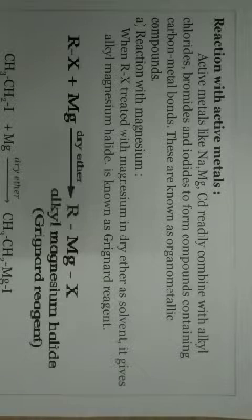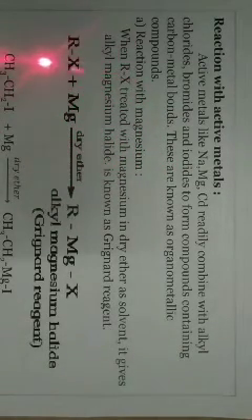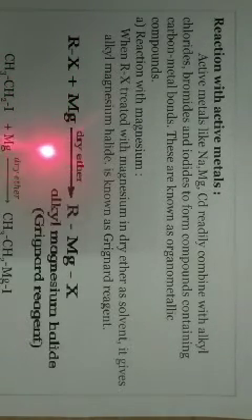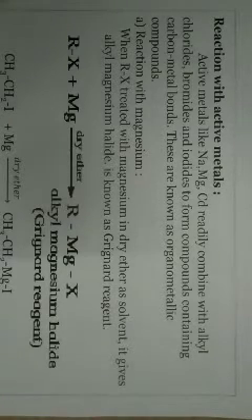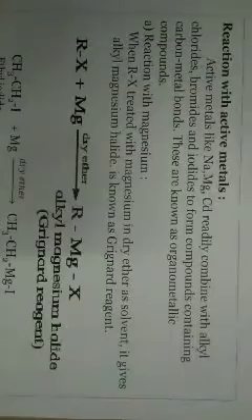Okay. First we'll see the reaction with magnesium metal. Here you can see the reaction RX plus Mg in the presence of dry ether gives RMgX. RMgX is known as the alkyl magnesium halide, also known as Grignard's reagent, which is a very important reaction.